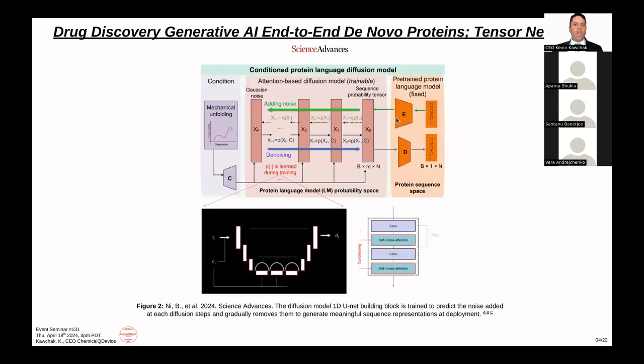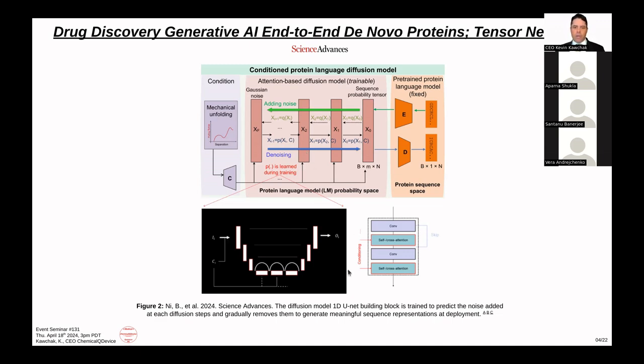So now this is the GANs-like type thing. On the right is actually the first protein language model, this ESM2, that you start with. And then in the middle is this diffusion model. So basically it's an iterative approach, and you're starting off with random noise, and then you're achieving this sequence.